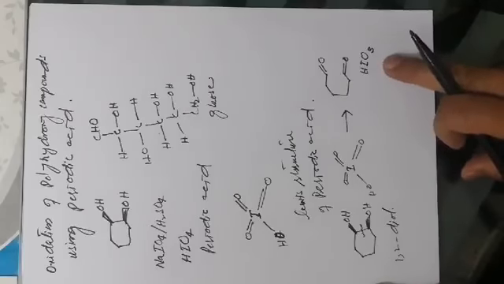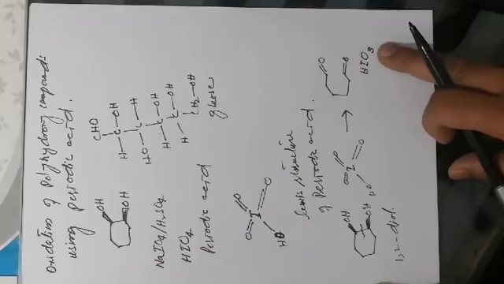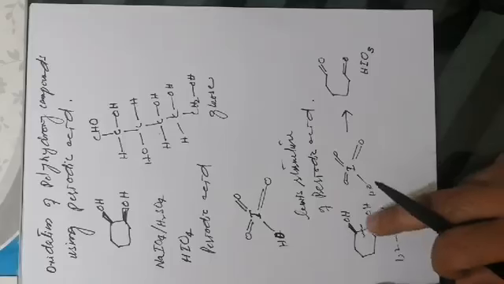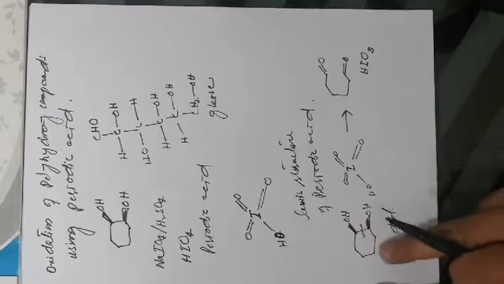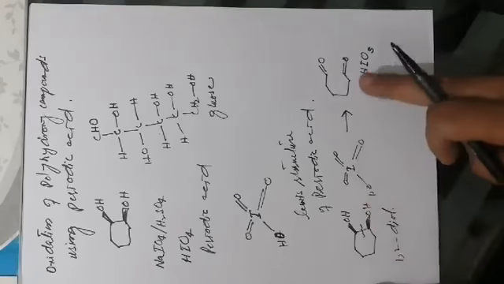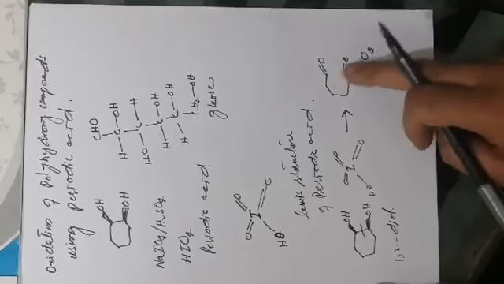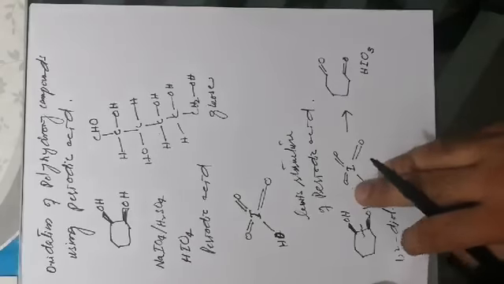So the oxygen content has reduced in this compound. It means it has reduced, so definitely it would have oxidized the other compound. So cyclohexane 1,2-diol upon oxidation using periodic acid makes the hexane 1,6-dial, the carbonyl compound.